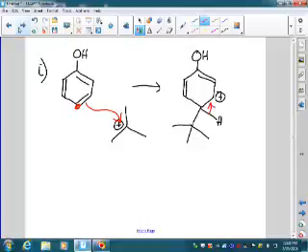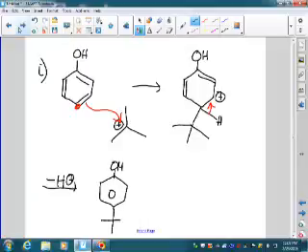And then minus H plus gives you your benzene ring back and it's got an OH on it and a t-butyl group in the para position, because that's where I chose to put it. And again, this para carbon.